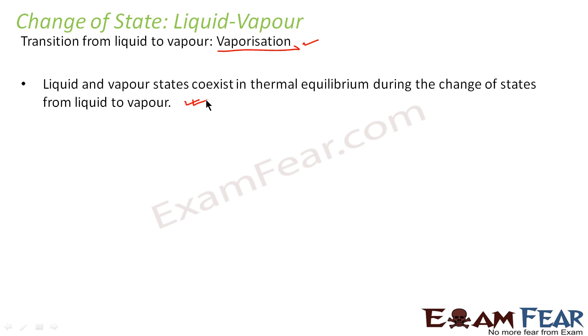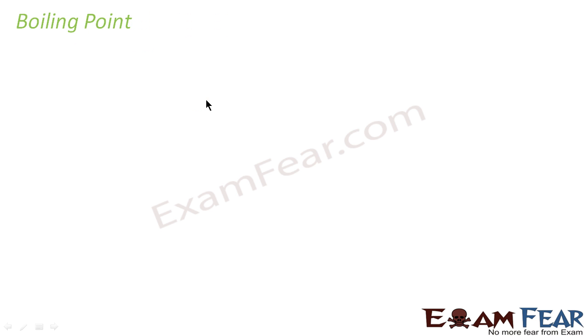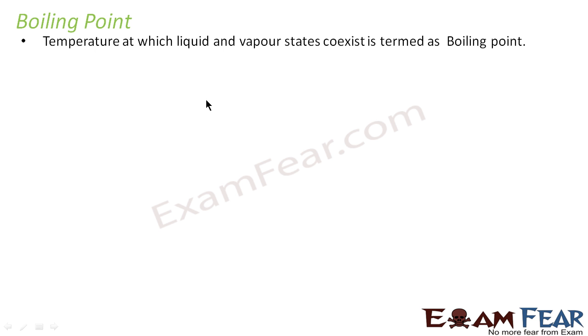So that is a state of thermal equilibrium when no exchange of heat takes place. So now let us look at the boiling point. On very similar lines as that of melting point, boiling point is also the temperature at which the liquid and vapor states coexist. So the liquid and vapor states will exist together at the boiling point.